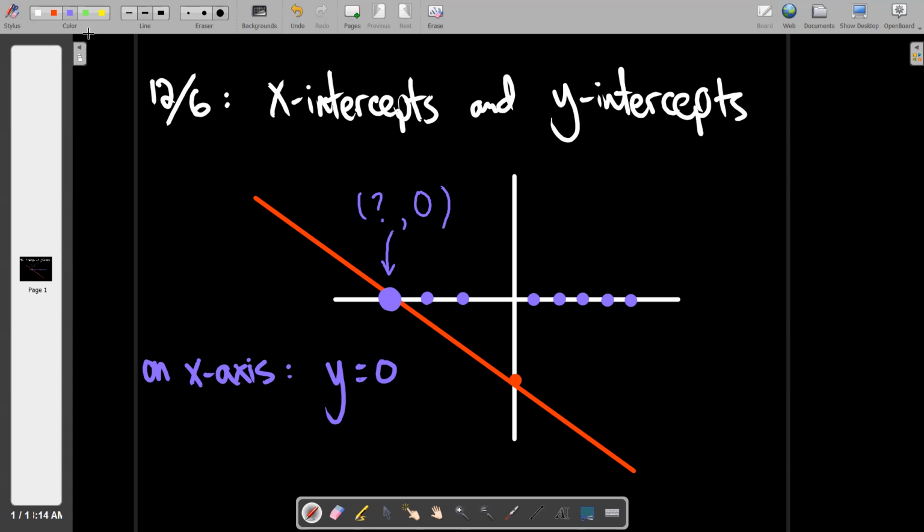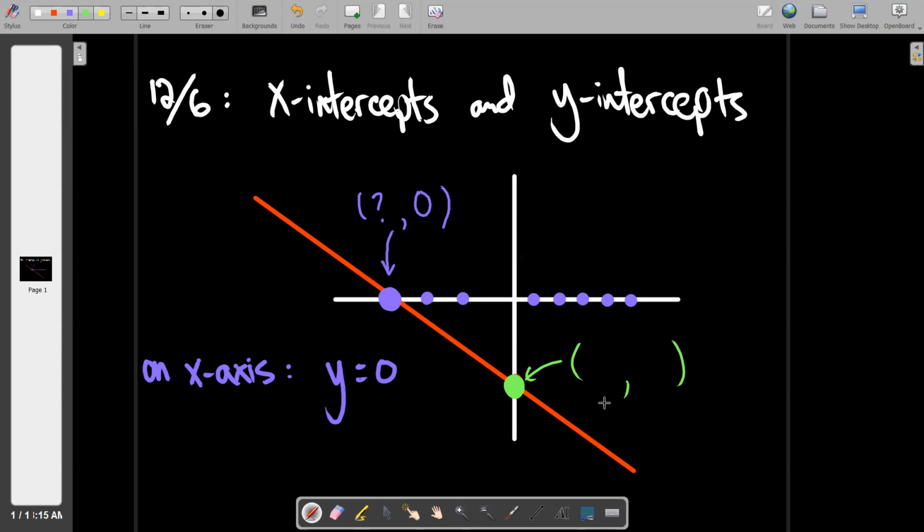Now let me switch colors to green. Let's talk about this point. Again, I would use the same sort of analogy. If someone pointed to this point, put a gun to my head and said, give me the coordinates of this point, I would say, again, sorry, you're going to have to shoot me. I don't know what the coordinates are, but I do know one of them.